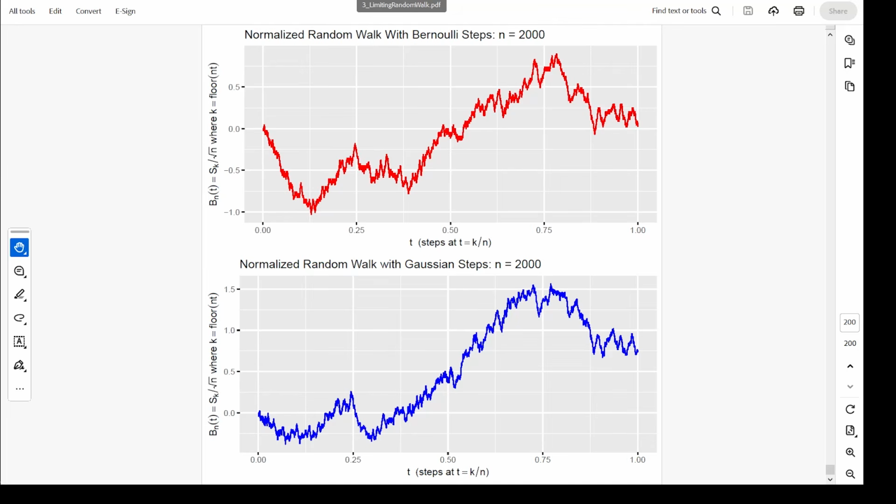And so the key takeaway is that the limiting process will be a Brownian motion, and it doesn't matter what the step distribution is in the limit.